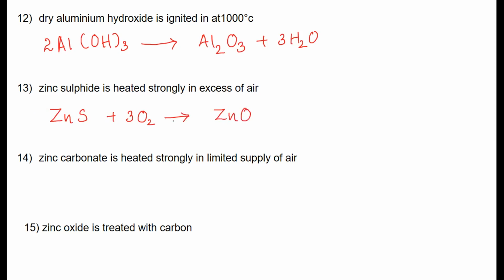Sulfide ores are converted to their oxide by heating in excess of air. That process is called roasting. So here ZnS plus 3O2 gives ZnO plus SO2. Sulfur dioxide is a gas.